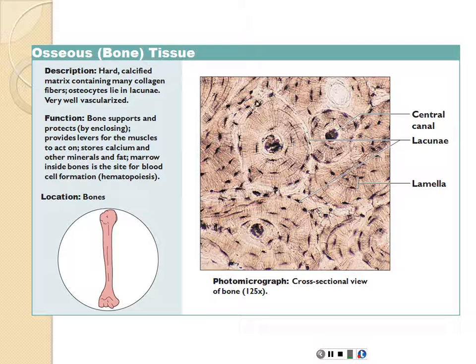The reason one is solid and the other is liquid is because of the matrix. The matrix of blood is plasma, which is a liquid. The matrix of bone is made of calcium phosphates, which is hard. That's what makes the two primarily different. And the function is different.